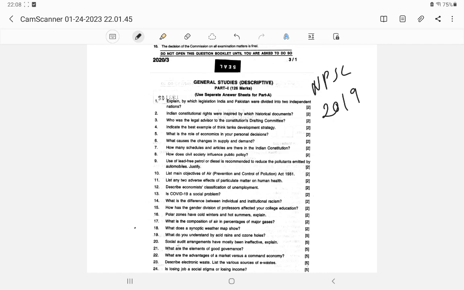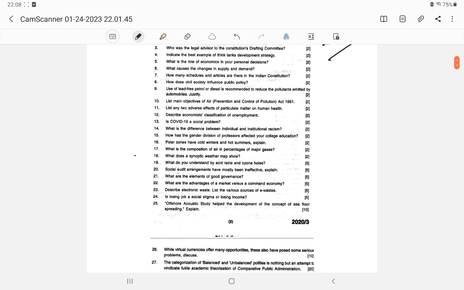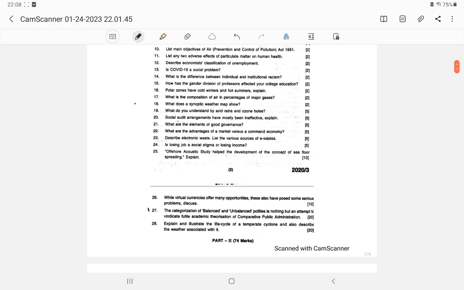In the 2019 mains paper, in General Studies Part 1, if you go down and look at question number 27, it is provided as: the categorization of balanced and unbalanced polities is nothing but an attempt to vindicate futile academic theorization of comparative public administration.